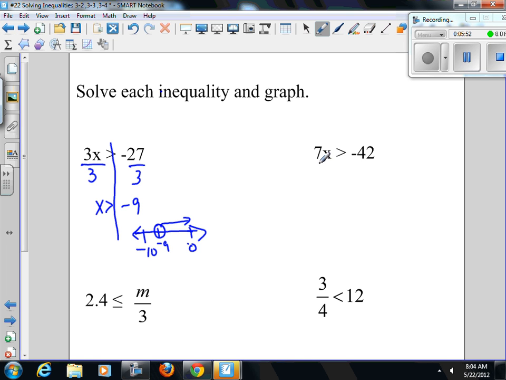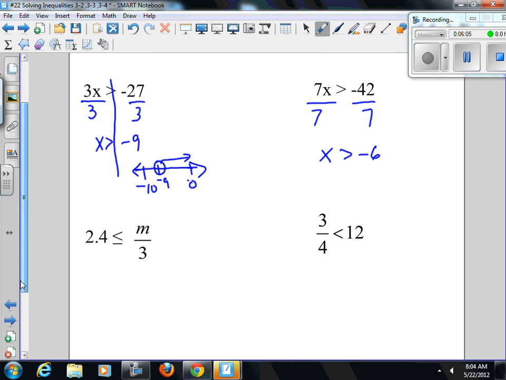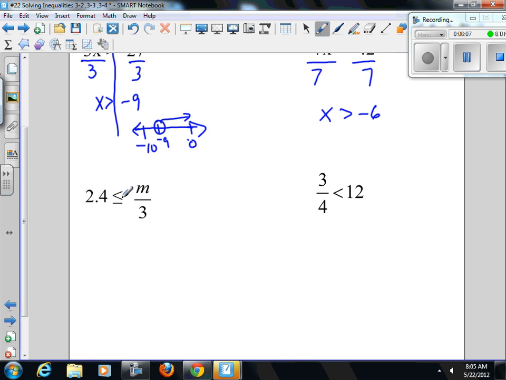I'm going to leave the rest of the graphs to you at this point. Next one. Get x alone, divide everything by 7. So we get x is greater than -6. I'm going to let you graph that. This one. We want to get m alone. It's being divided by 3.